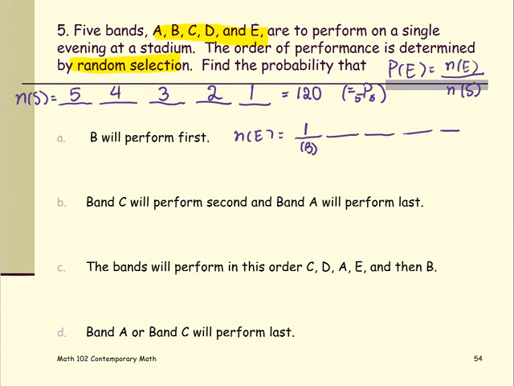So the second performance has 4 other bands, A or C or D or E. After that there are 3 choices left, then 2 choices, and the last band performs at the end of the night. That means N of E is the product of 1, 4, 3, 2, and 1, which is 24.